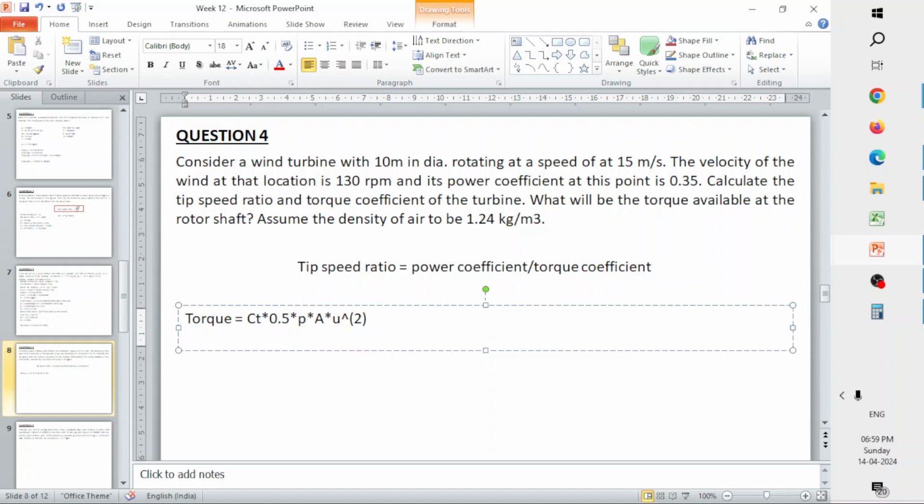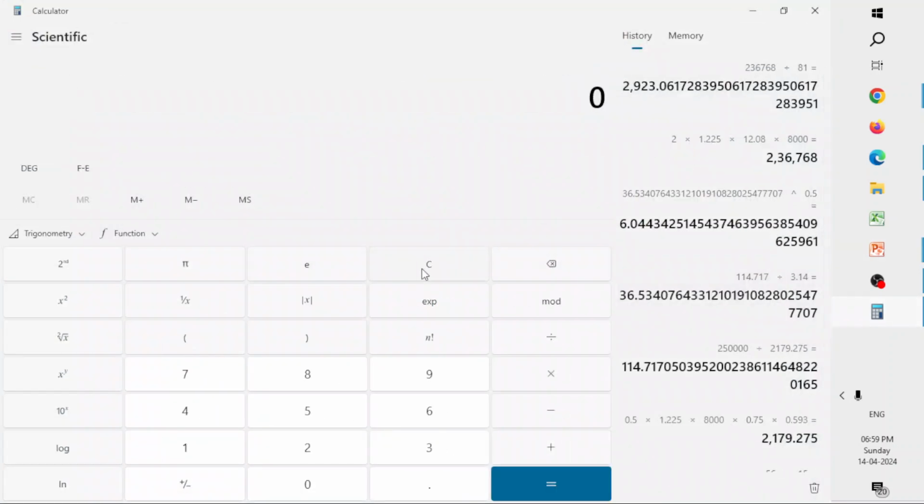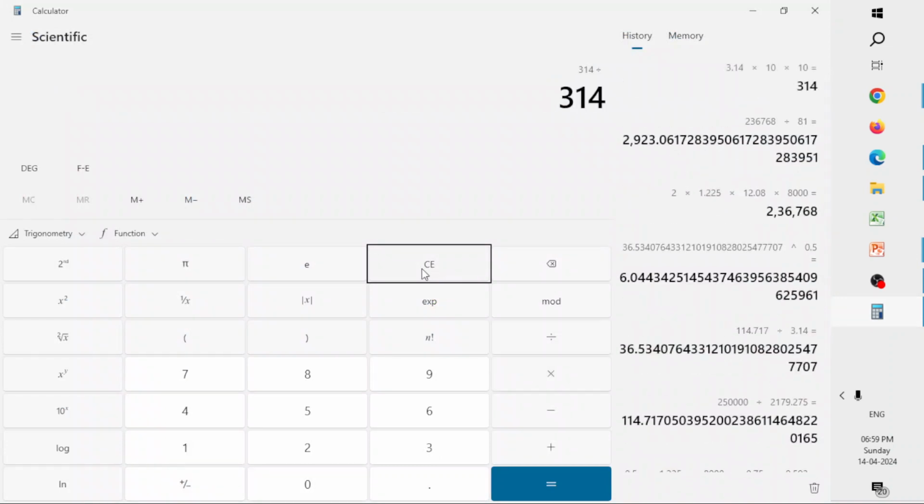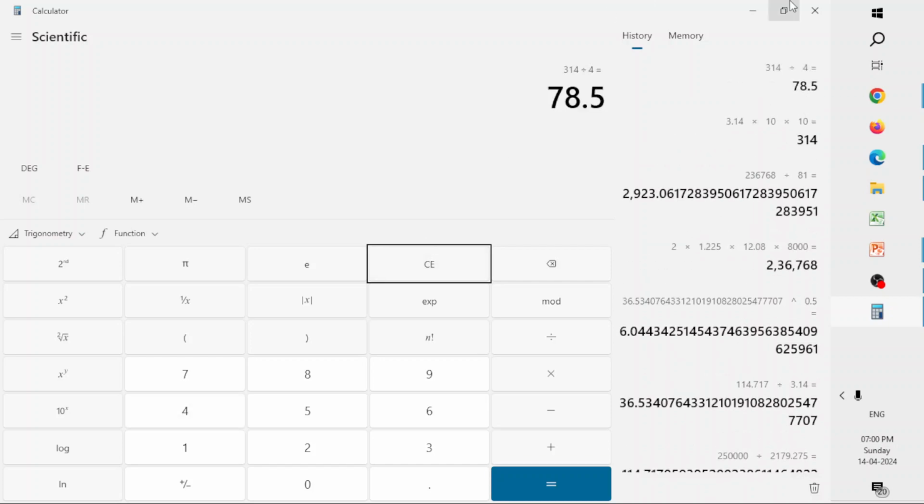So first you need to calculate the value of A. A is nothing but, since we have the diameter, you can use pi d square by 4 or pi r square, so that's up to you. Since here it is given in terms of dia, I am going to take pi d square divided by 4. So the value of A will be 78.5 meters square.